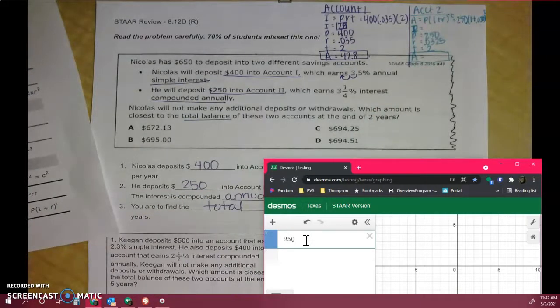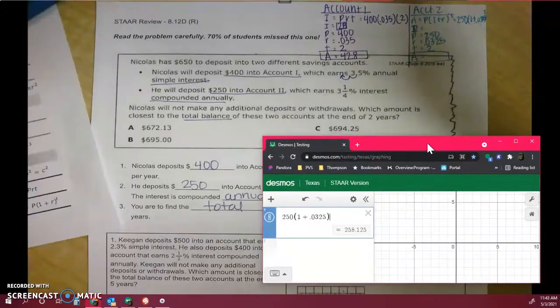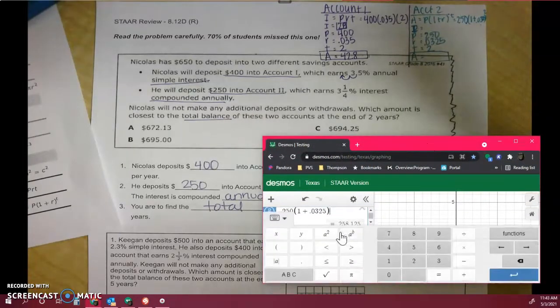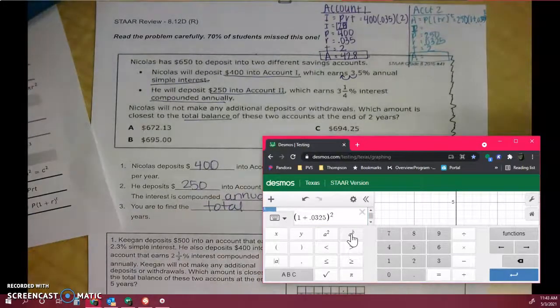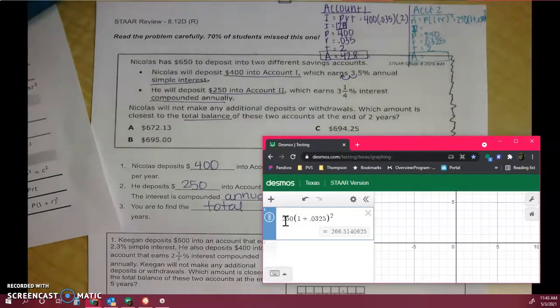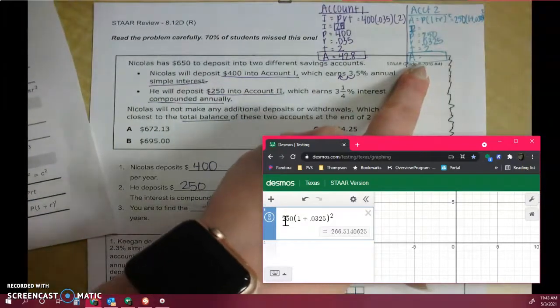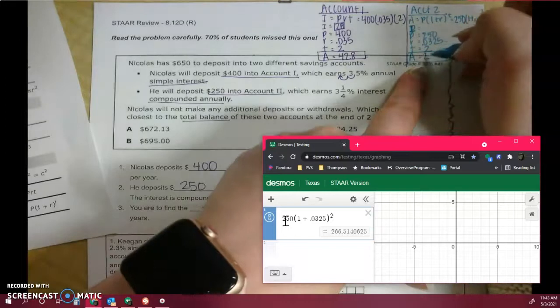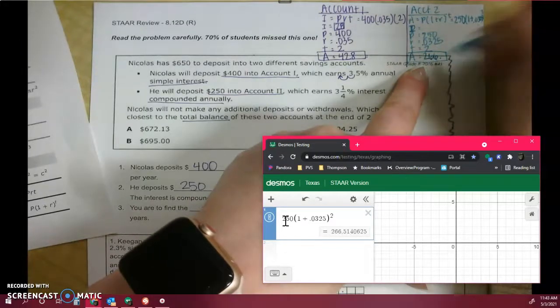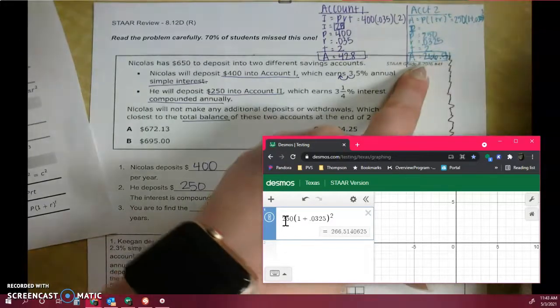So 250 times 1 plus 0.0325, and we're going to do to the power of 2. And that does give us A. So I'm going to write 266.51.